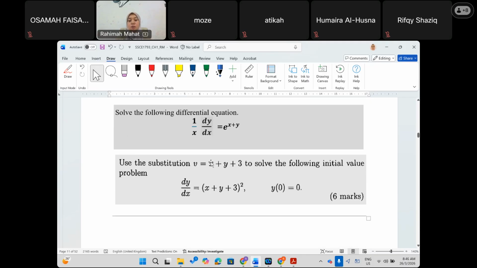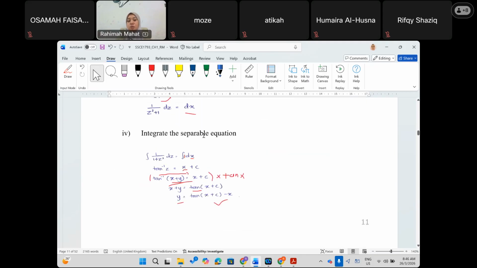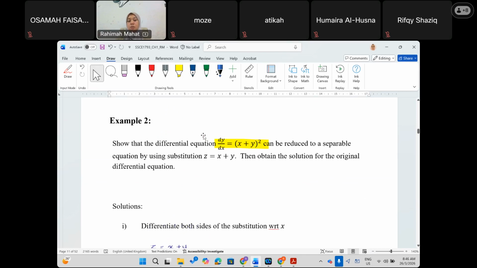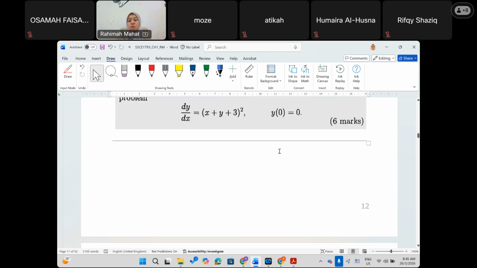And in the last example, the last equation is about substitution. You may refer to the second example given to you here, the second example about the substitution. Please try, okay? This one is 6 marks.